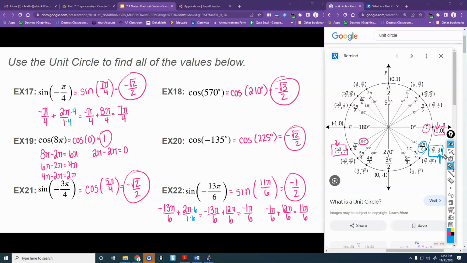All right, so I have a worksheet, and in second period, we made it a challenge, so we're going to do it here too. Don't start on it until I tell you. You guys are going to work on your own. You may use your unit circle. Would you be mad if I printed one out?